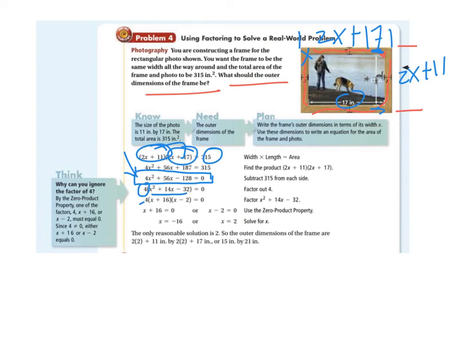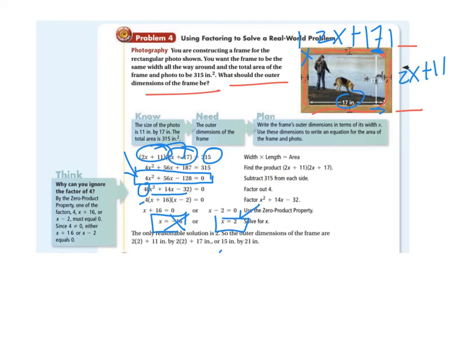So we're going to say x plus 16 equals 0, and x minus 2 equals 0. So we have negative 16 and 2 as possible solutions, but negative 16 is not really a valid solution. You can't have negative distance. So in this case, 2 becomes the only valid solution out of this set. So you add it in, you doubled it obviously.